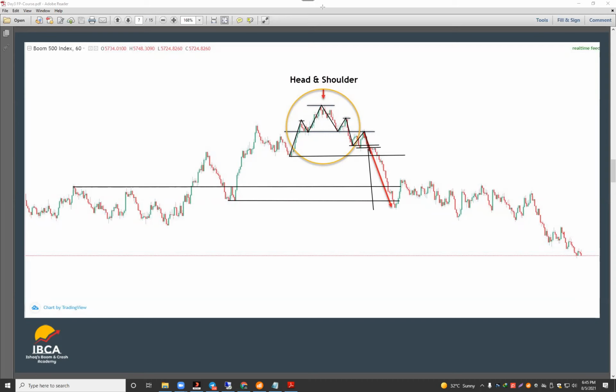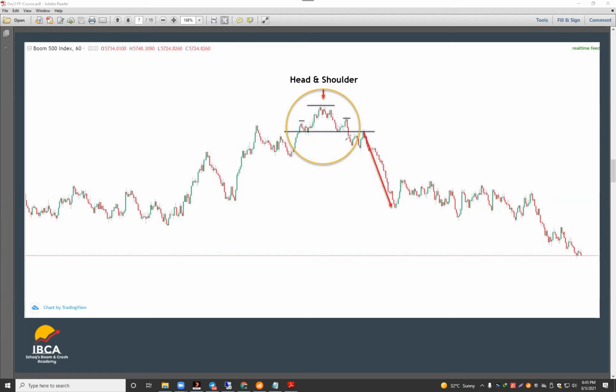So if you reach here and this level is broken, what will you do? Your stop loss, you can move till this level. If it is moving down, it's okay. Otherwise, if it's reversing back, your trailing stop will be hit and you will get this whole profit from the pattern, right?